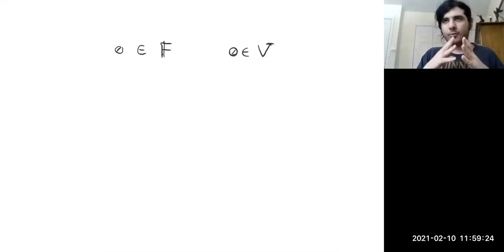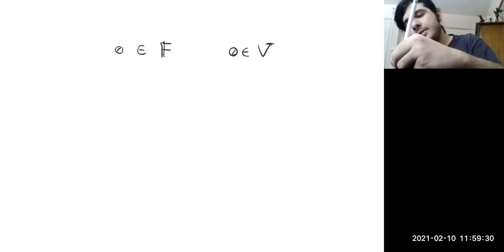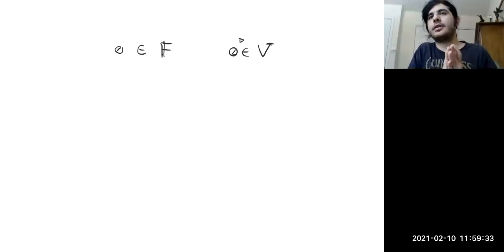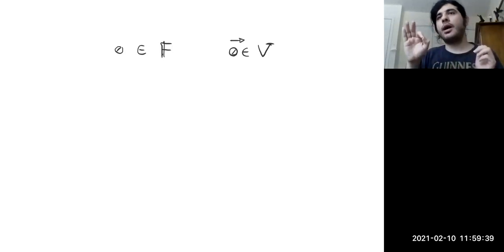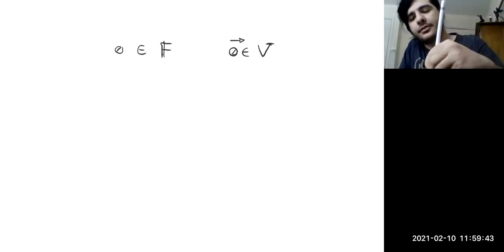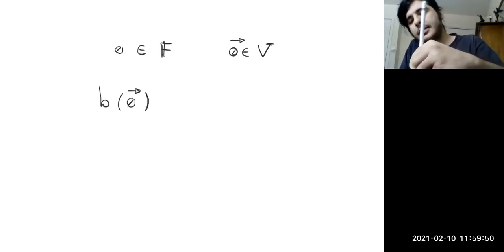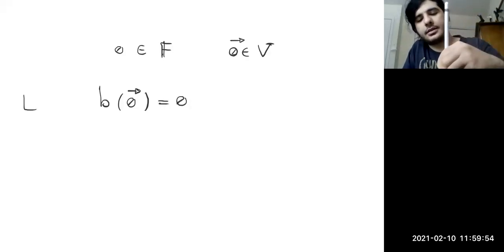One good way to recognize these two elements and not confuse them is to use an arrow above the 0 in the vector space. When I write 0 with an arrow above it, I mean the vector 0. So what I want to prove is that for any element B in the field, B times the vector 0 gives the vector 0. That's the lemma.